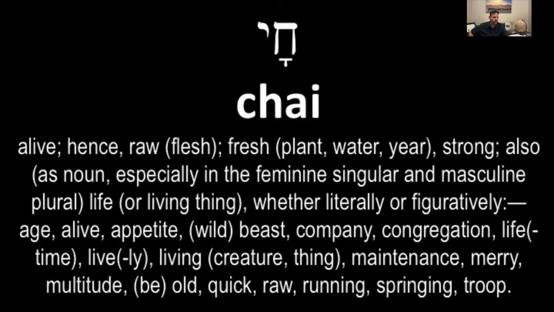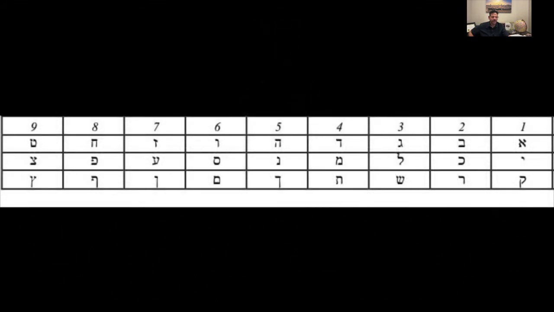Chet is the number 8, and Yud is the number 10. On the next line we go double digit, so 10, 20, 30, 40, 50, 60, 70, 80, 90. So Yud would be 10, just like Tsadi, under the 9 in the second row, would be 90.